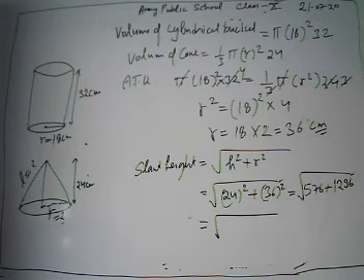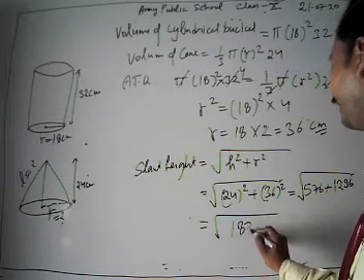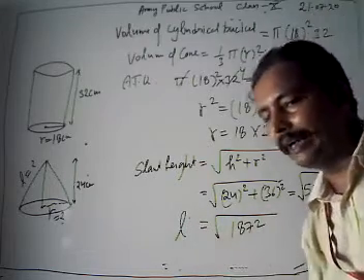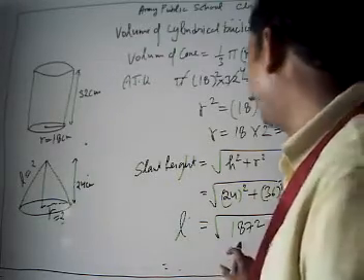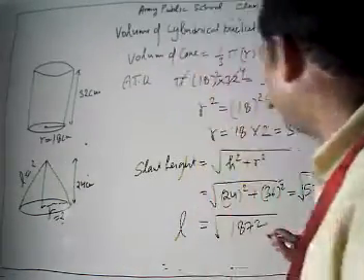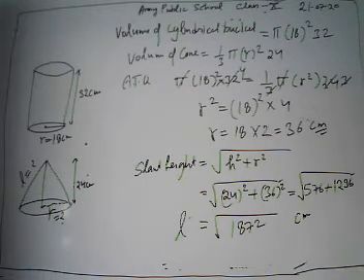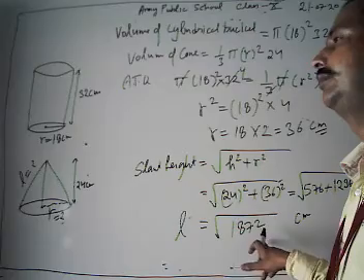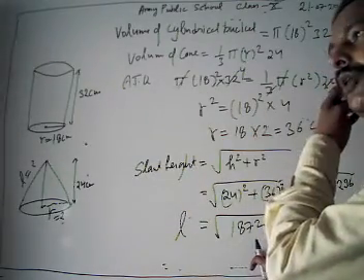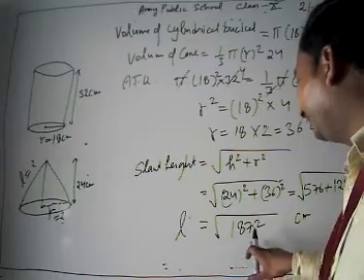Now the slant height is the square root of 1296 plus 576. Then we get 1872. So the slant height is the square root of 1872 centimeter. It's not a perfect square. It's greater than 1600 and less than 1800, so its value is approximately greater than 43 but less than 45.